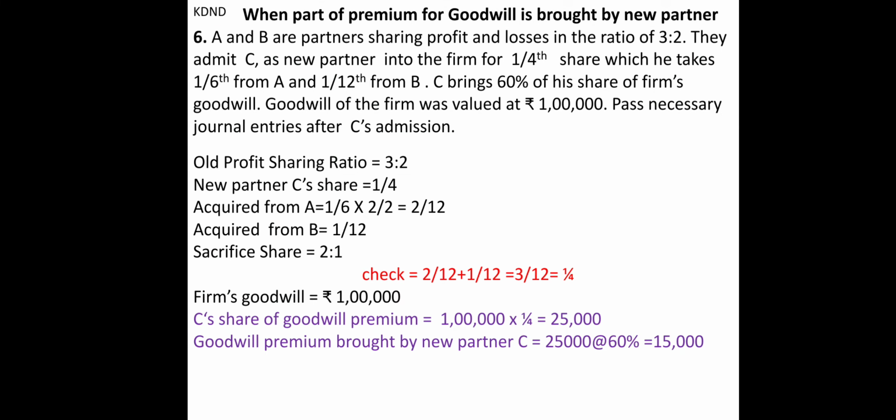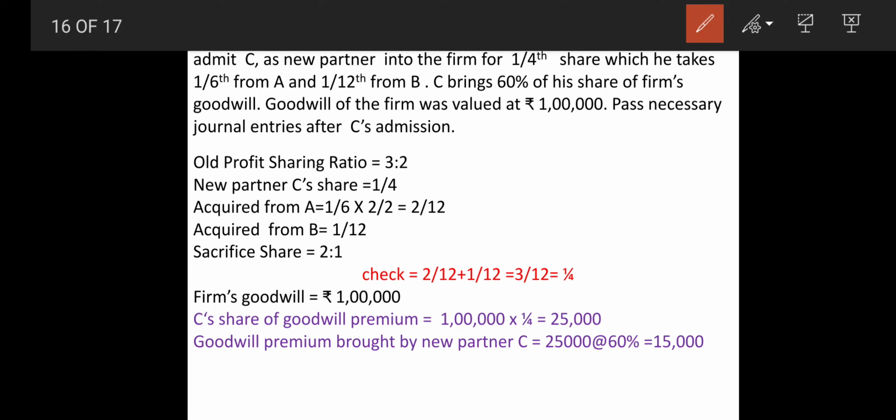Now, when part of the premium for goodwill is brought by the new partner, in this case they are not bringing the full amount of goodwill. Only part goodwill is brought by the new partner. Suppose I give you a simple example. The partner has to bring somewhat like 20,000 as goodwill premium.